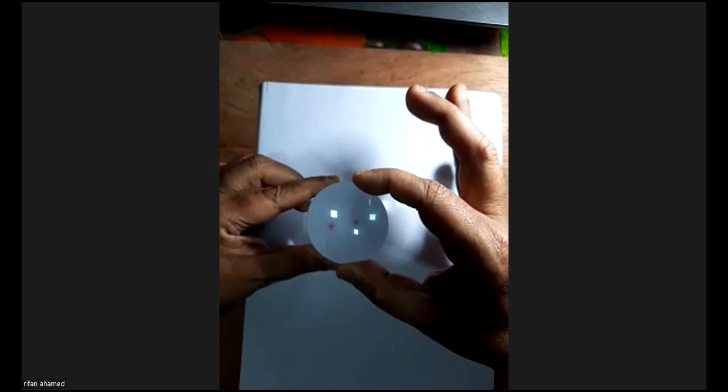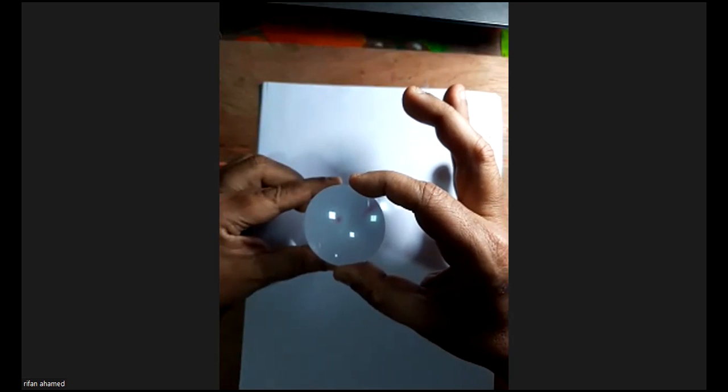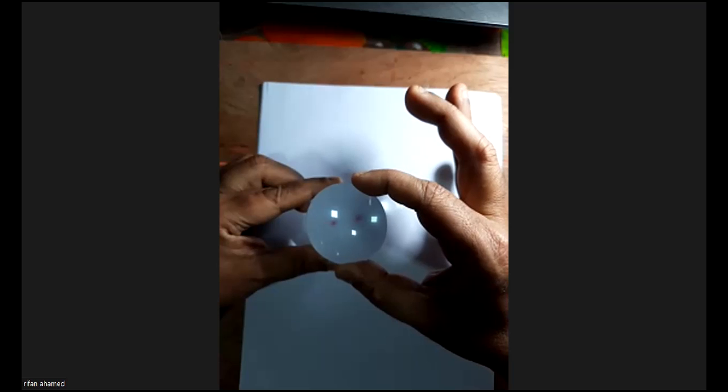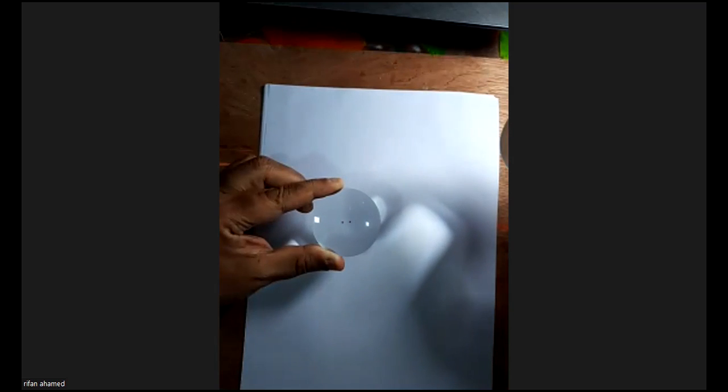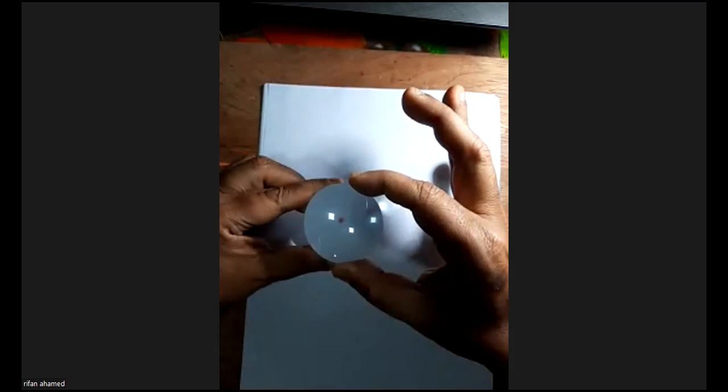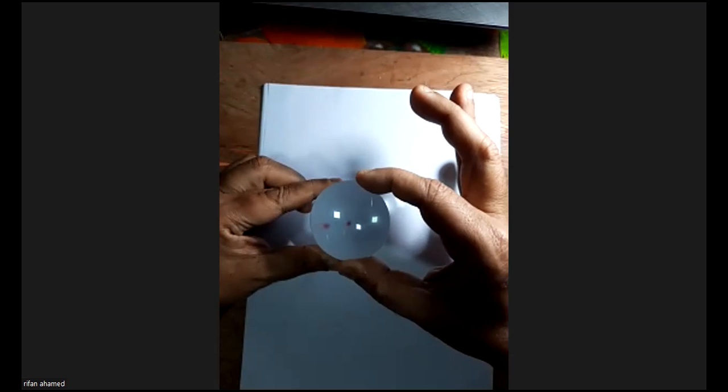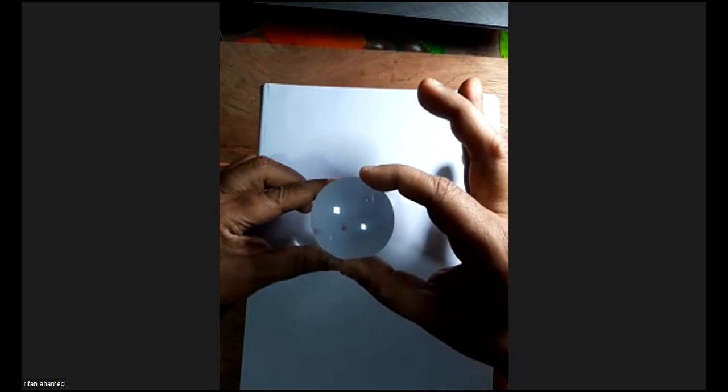It will become more larger. What is happening to the gap between the 2 dots? It's also becoming larger. See this one? Here, small gap. Here, a big gap. Correct?